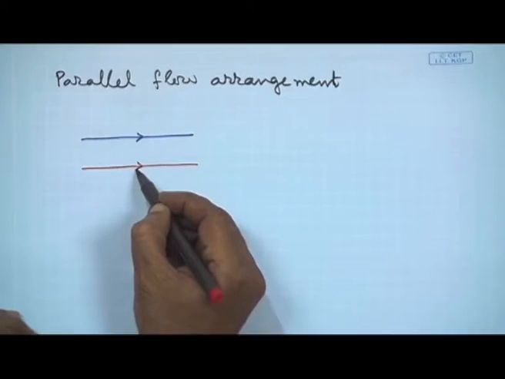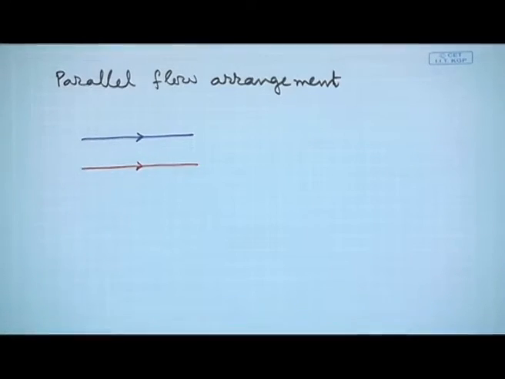So, this is your parallel flow. Now, in the parallel flow arrangement, both the fluids enter at the same end of the heat exchanger and go out at the other end of the heat exchanger.